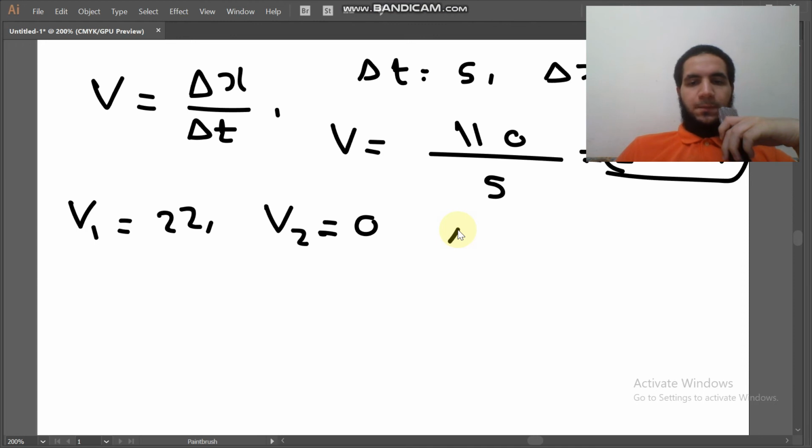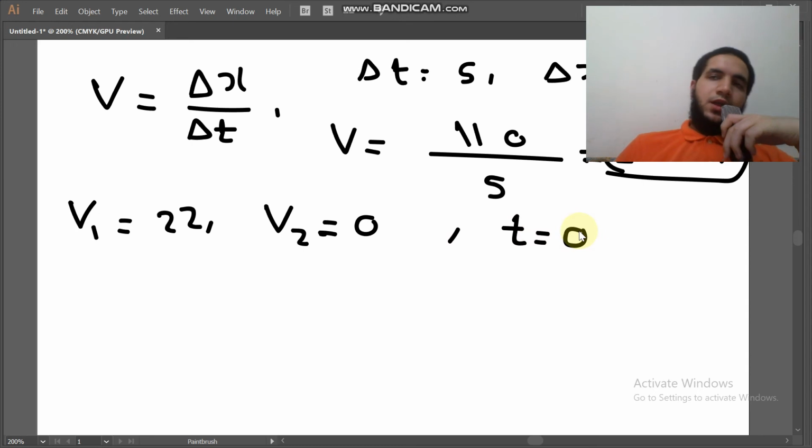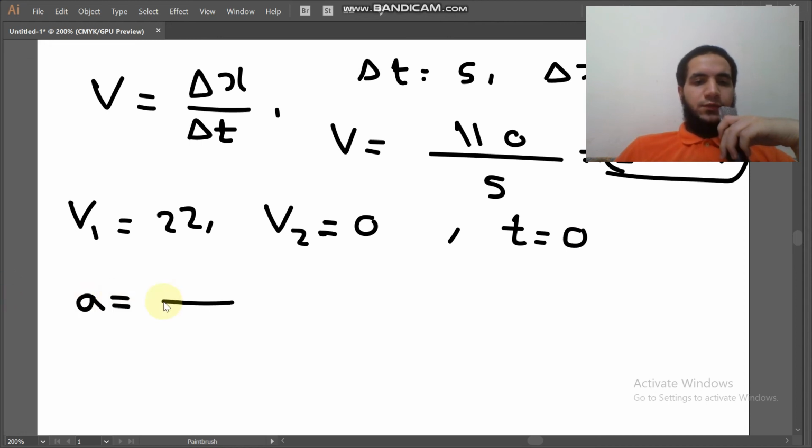So in this time t equals 0, and now he wants to know the average acceleration, and we know that the average acceleration is the total difference in velocity over the total difference in time. So t equals 4, and actually it's delta t because it was the time interval of stopping.